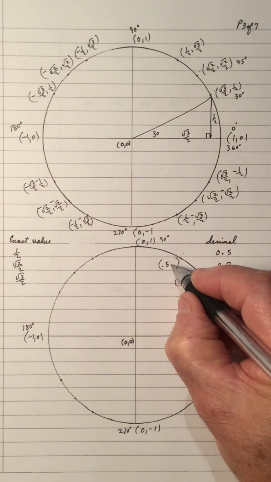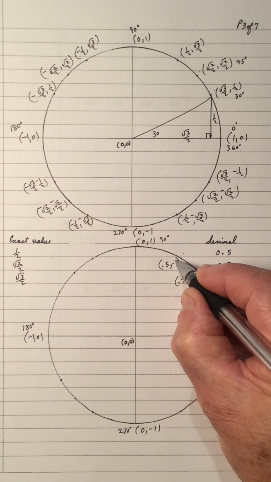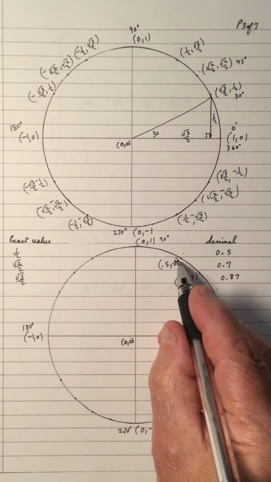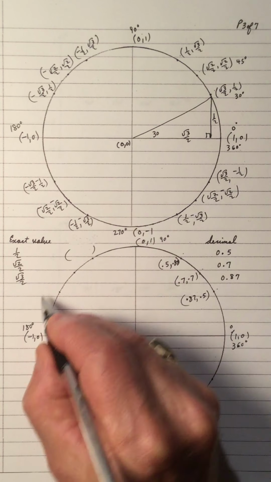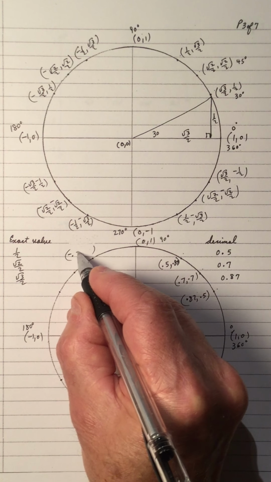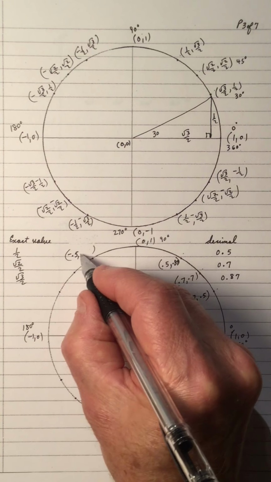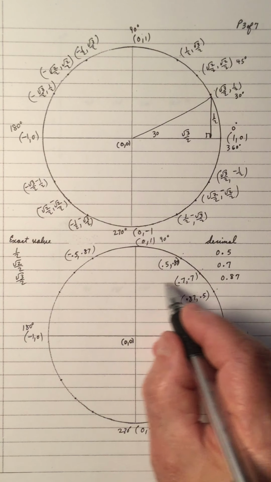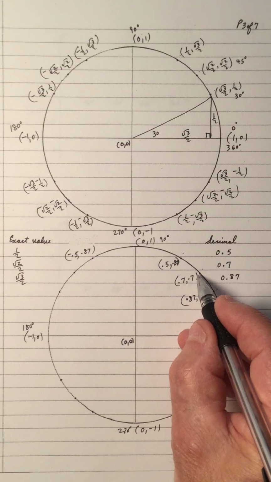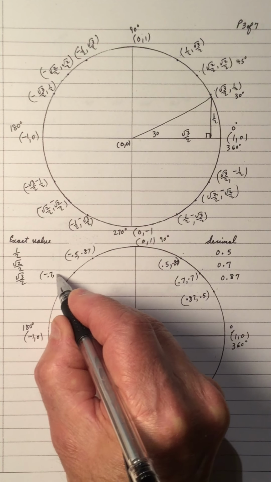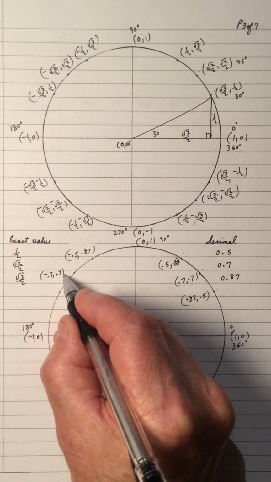Root 3 over 2 is 0.87. And if we go over here, then we can put this one in. What happens? The x is negative 0.5 and the y is 0.87. And this is right here. The x is a negative 0.7 and the y is just 0.7.